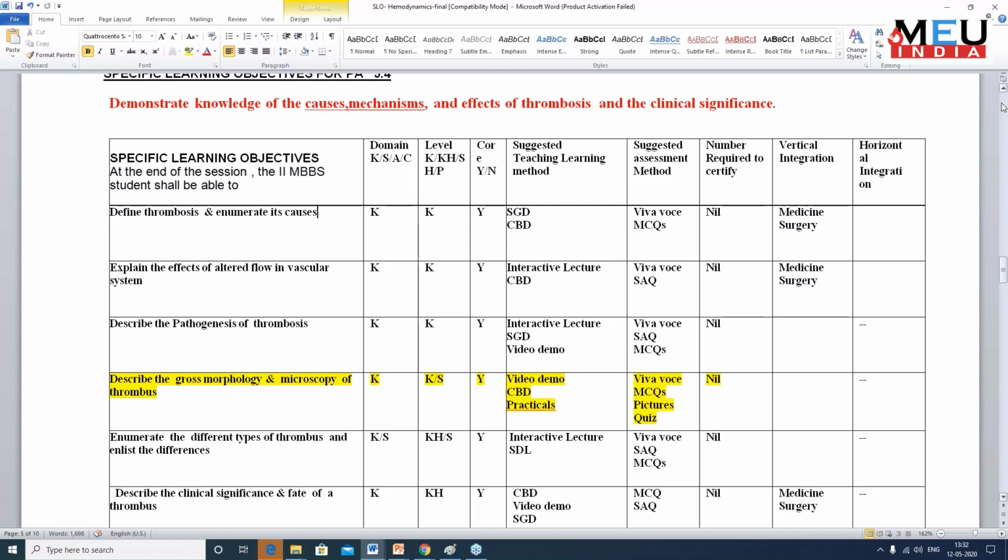Everything comes into the picture there itself. So the overall view can be given in this component of this SLO. This is my understanding. If there are any changes, please suggest.